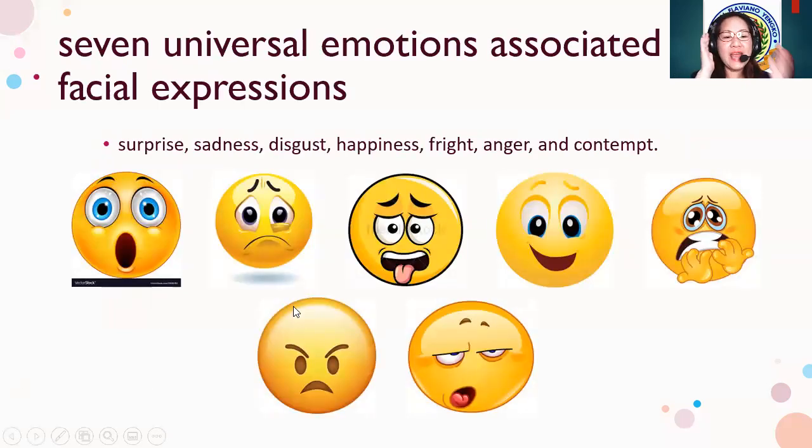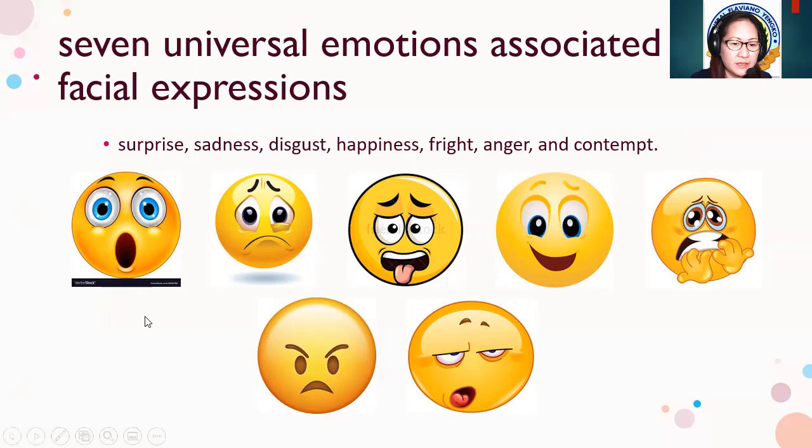Ayan. So we have here several universal emotions associated with facial expression. So kanina hiningian ko kayo ng mga different facial expressions. Ayan, mahilig kayo ngayon dito sa mga emoticons na to. That would really depict our emotions or facial expressions na tinatawag. So ano yung mga several 7 universal emotions. So yan, hindi ko na to palalawigin pa kasi it is very self-explanatory.